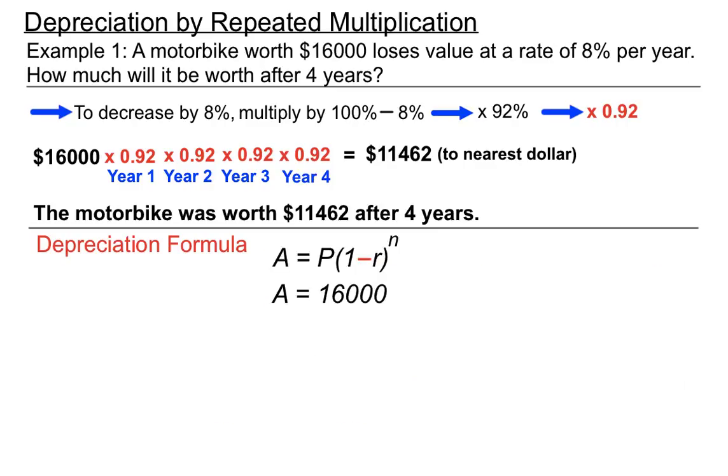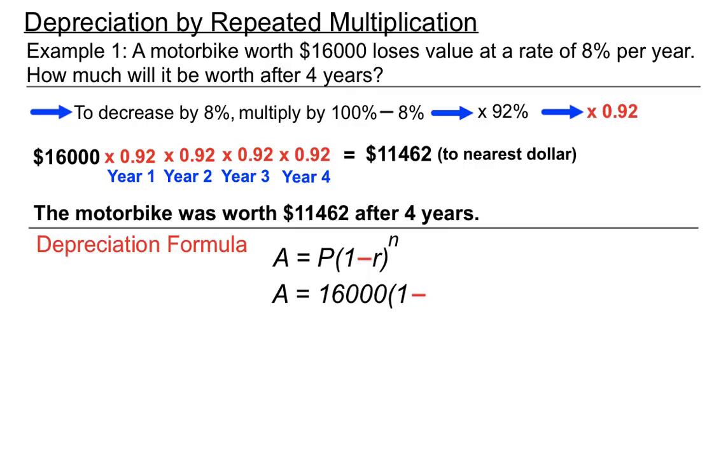So let's have a look at this same example, following the depreciation formula process rather than the repeated multiplication process. Our principal, or original value, was $16,000 from the question, so we'll put that in for P. Then we'll have the bracket and then a minus.